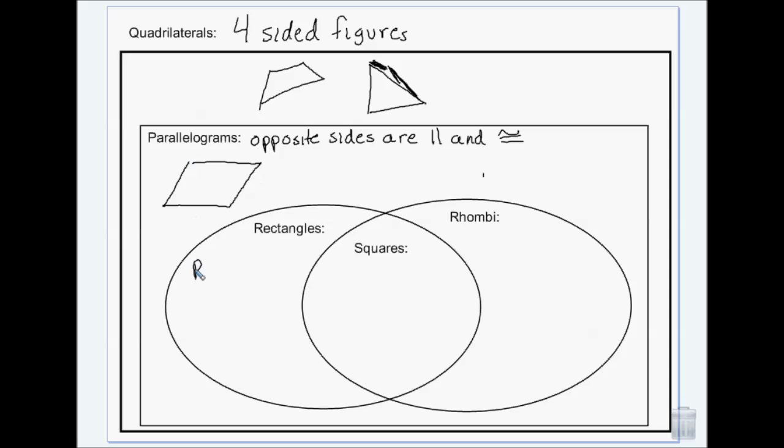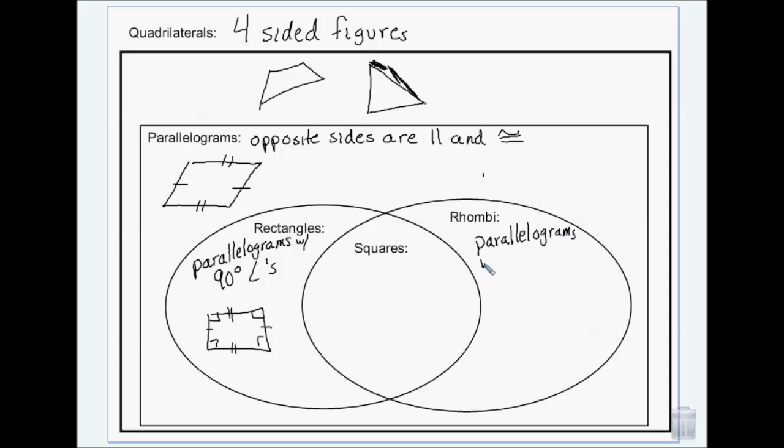Rectangles are parallelograms with 90-degree angles. Rhombi are parallelograms with congruent sides. And a square is everything.